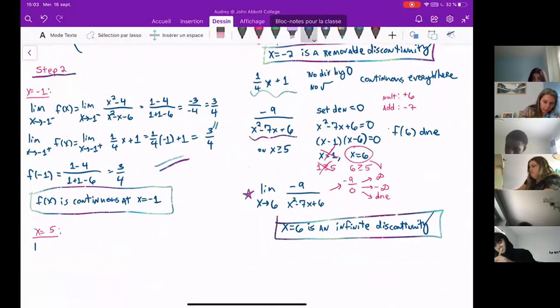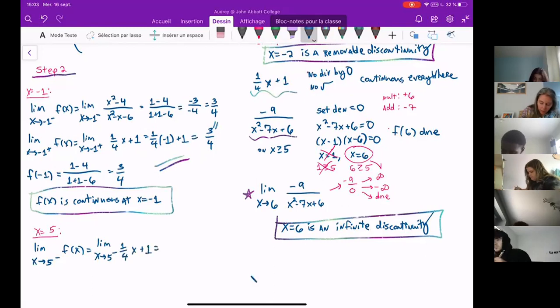So let's do x equals 5. And then after we do this, I'll write down what I just said because it's kind of an important concept. So 5 from the left we said is the middle function. So that's 1/4 x plus 1. So that's 5/4 plus 1, which gives me a 9/4. And then we do 5 from the right.